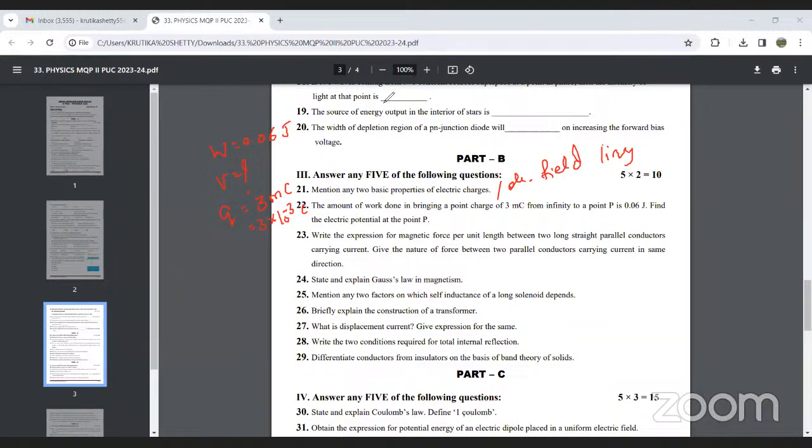Yes, anybody can tell me the answer. 0.02 into 10 raised to 3. What about others?